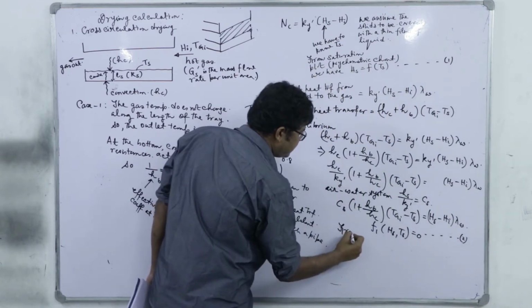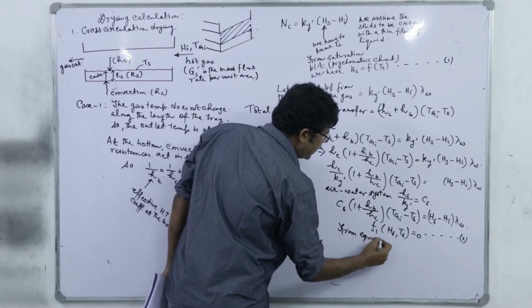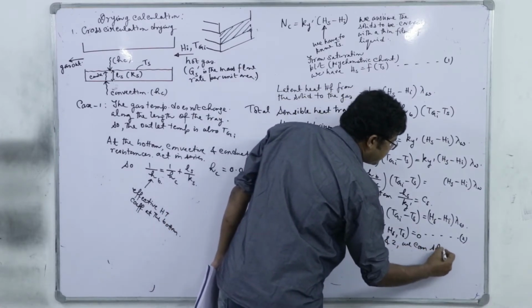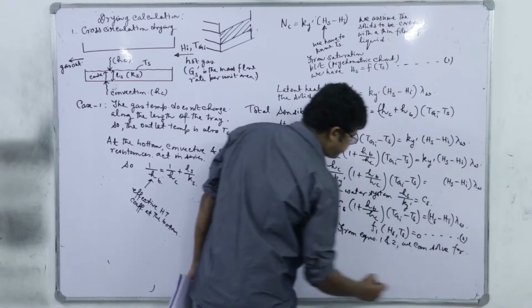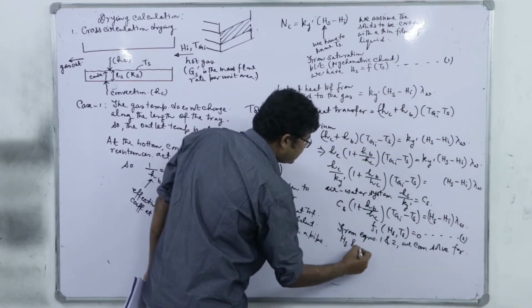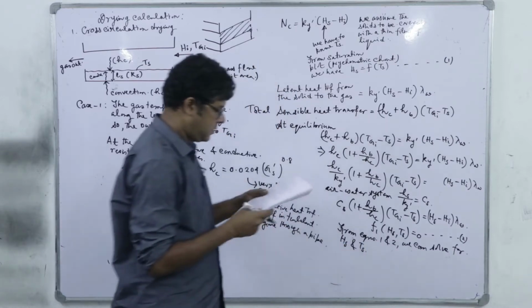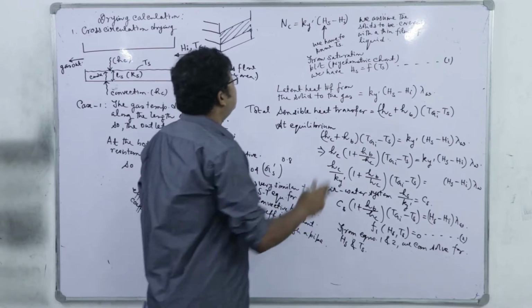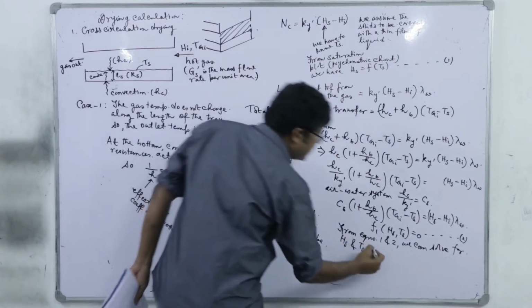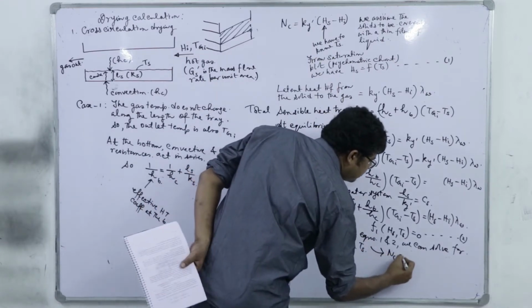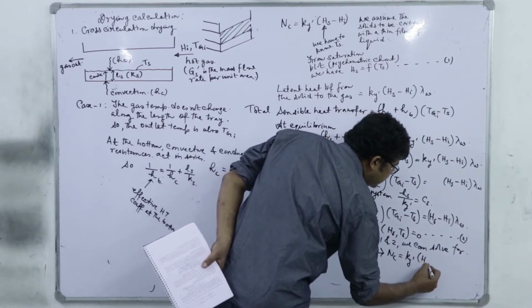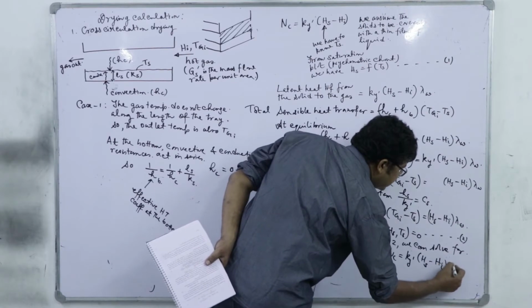So from equations 1 and 2 we can solve for Hs and Ts, right? So once we know that, obviously Nc equals Ky prime into Hs minus Hi can be solved, right?